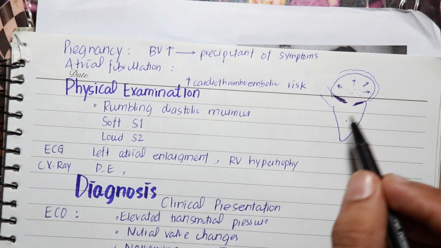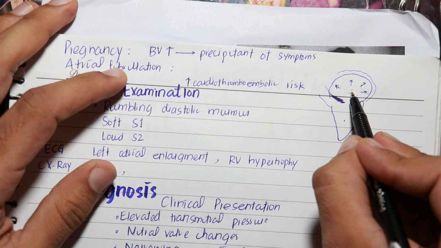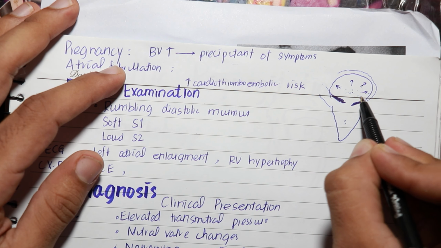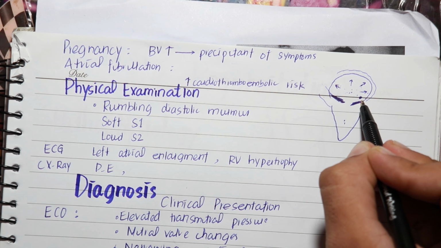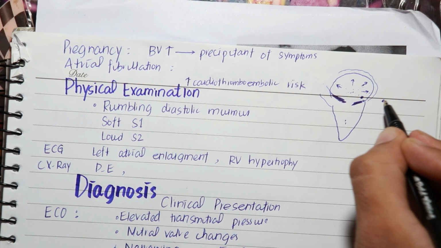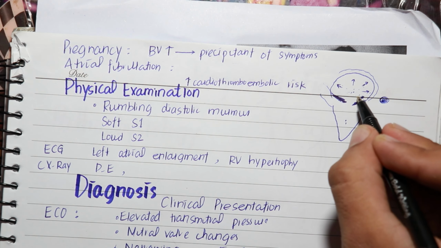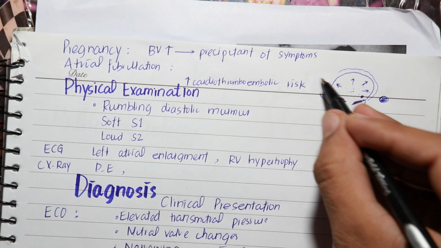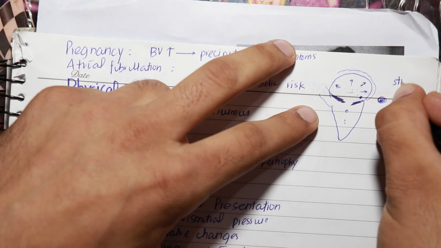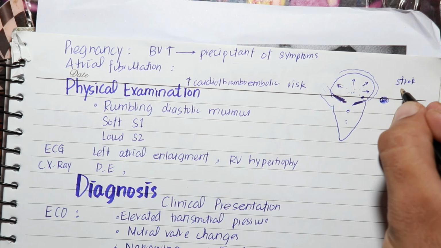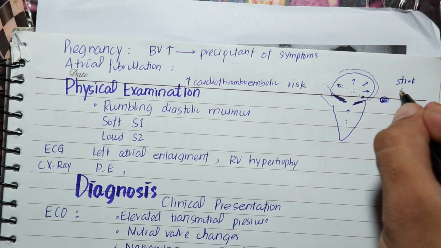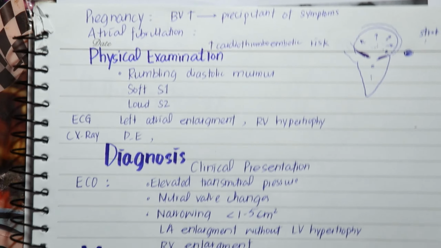Because blood is not going from the left atrium into the left ventricle, and blood is accumulating here. When blood stops in any place, it will cause formation of thrombosis, right? So this may go to any part: if it goes into the brain, it would cause stroke. If it goes into the kidney, it would cause acute kidney injury, and if it goes to the coronary artery, it would cause MI.